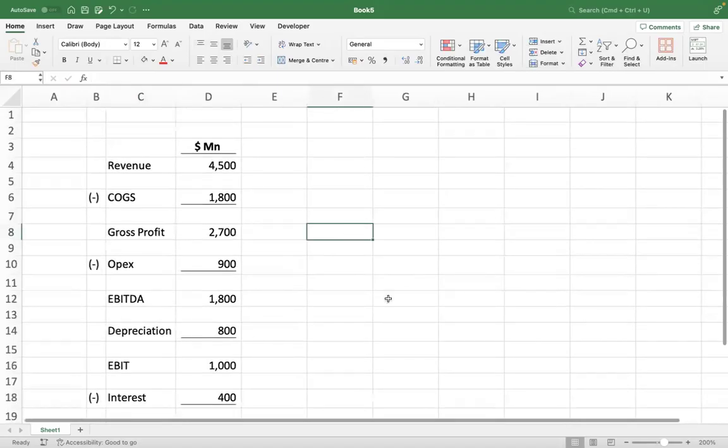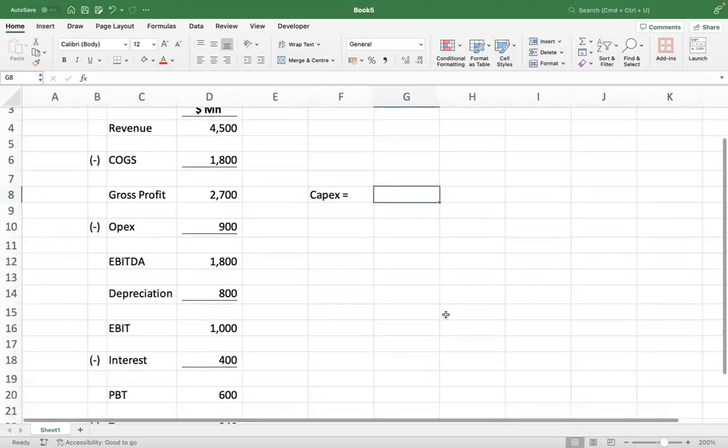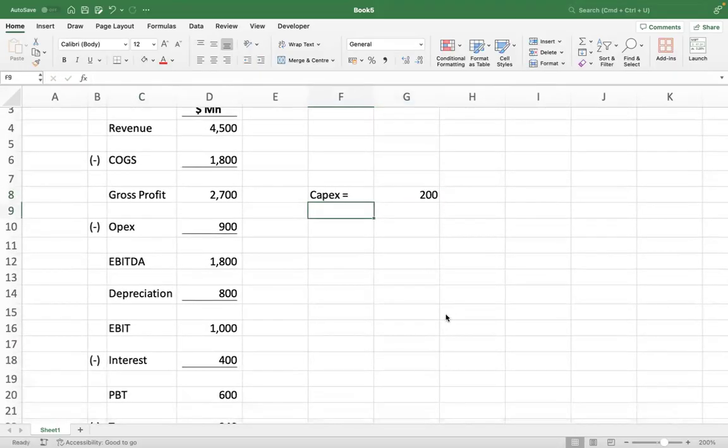Now also assume that the firm has forecasted a capex of $200 million and a working capital investment of $25 million.